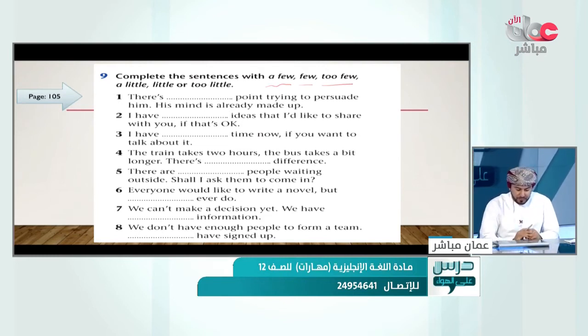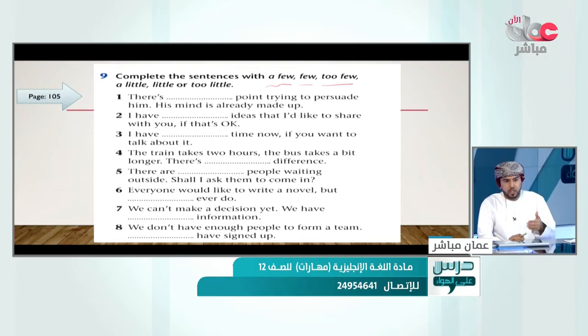Look at the first one. There is boy trying to persuade him. His mind is already made up. So there is a chance to change his opinion, his mind, even though his mind is already made up.